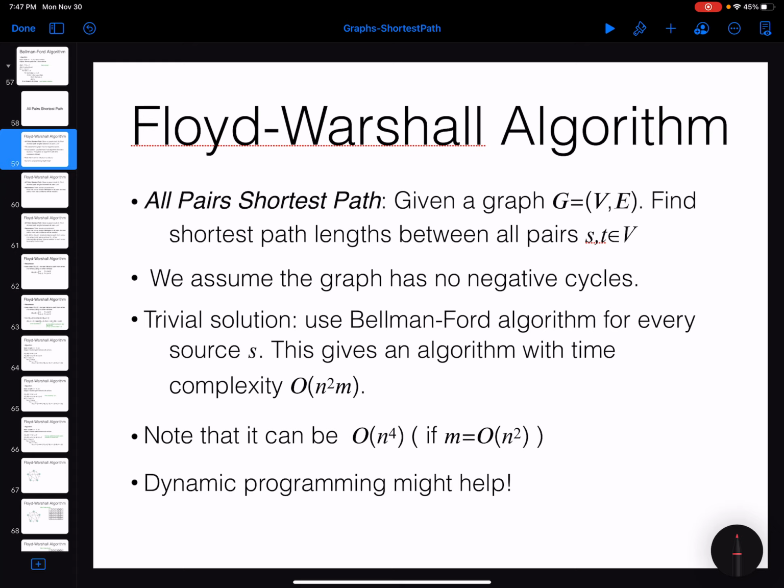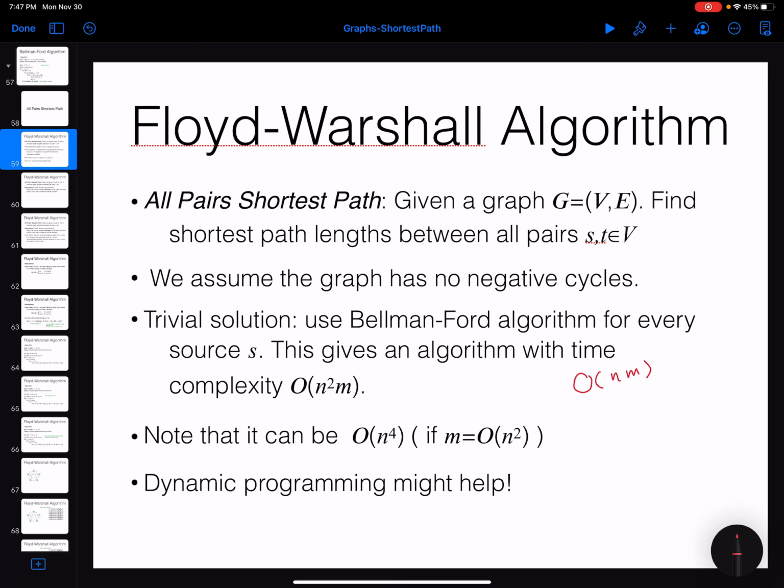So the naive solution here is to just run the Bellman-Ford algorithm for all the nodes in the graph. We already know that the cost of the Bellman-Ford algorithm is O(nm), where n is the number of vertices and m is the number of edges.